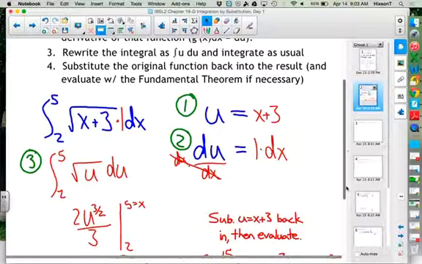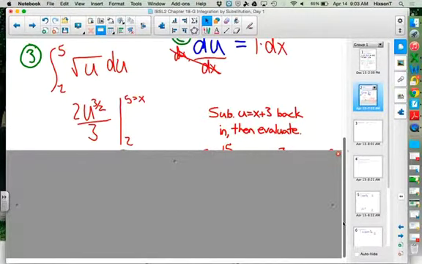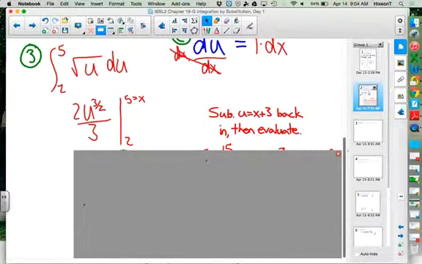That's x equals 2 and x equals 5. So you can't, at this point, plug in 5 and plug in 2, because you don't have any x's to plug in. What you need to do at this point is substitute back the original u, in this case x plus 3, then you can evaluate.